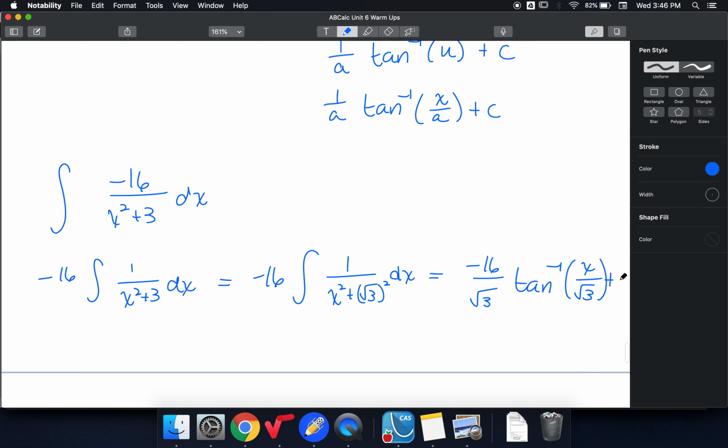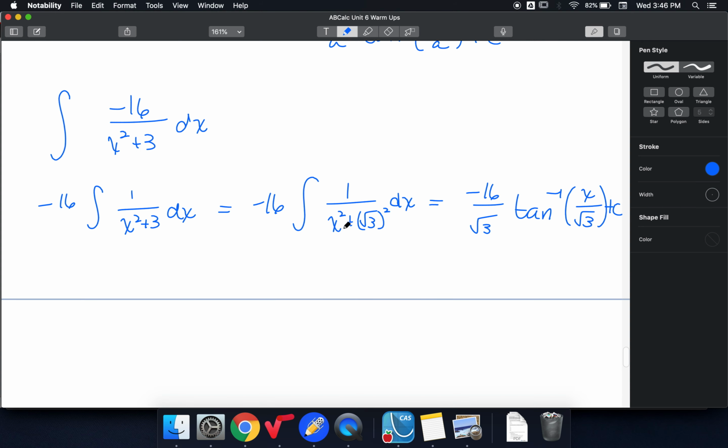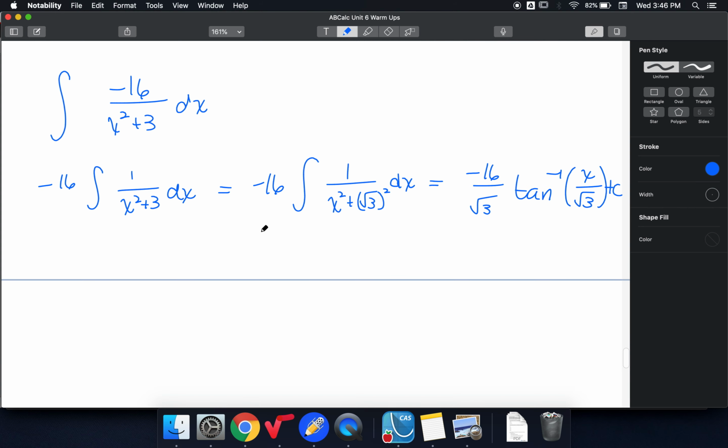Or you can again factor that out. So I would get negative 16 integral 1 over 3 times x over root 3, goodness, squared plus 1, 3 times that whole thing.